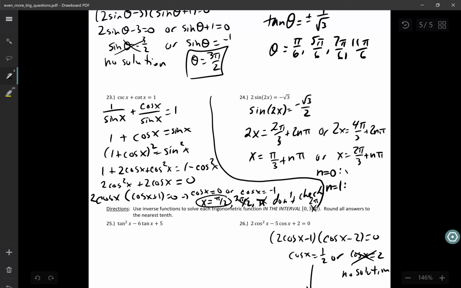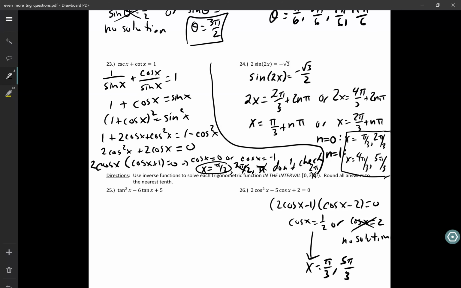When n equals 0, we get the pi over 3 for the first one and 2 pi over 3 for the second one. When n equals 1, that's 3 pi over 3 when I put in a 1 for n. So I get 4 pi over 3 in the first one, and I get 5 pi over 3 for the second one. So those are our 4 solutions in the interval from 0 to 2 pi.